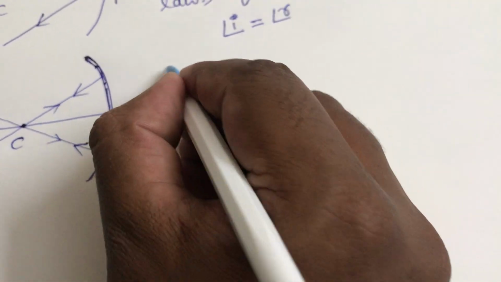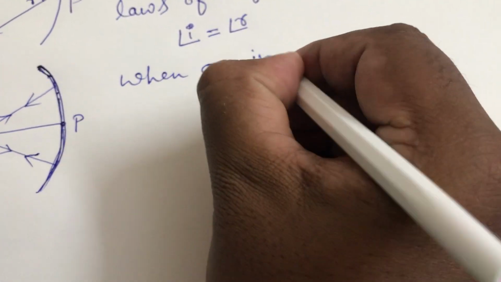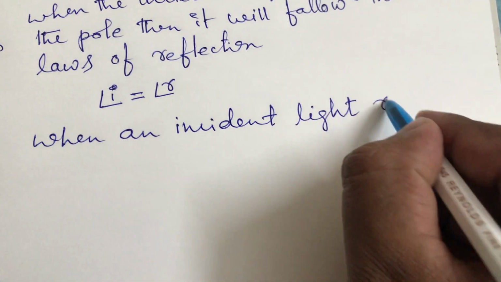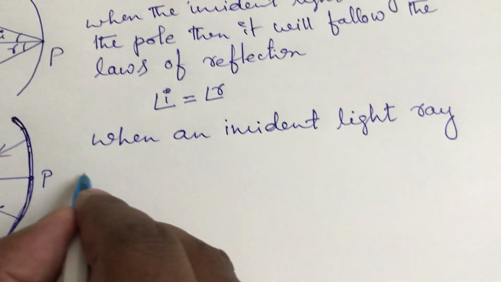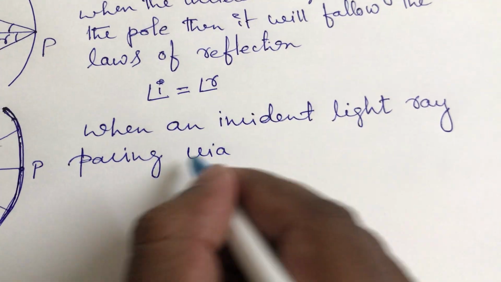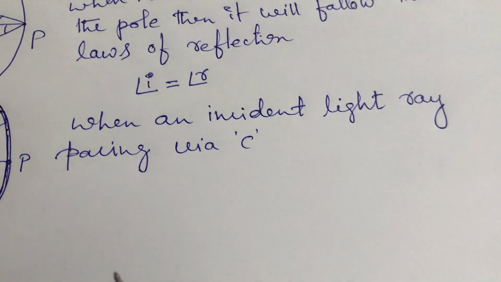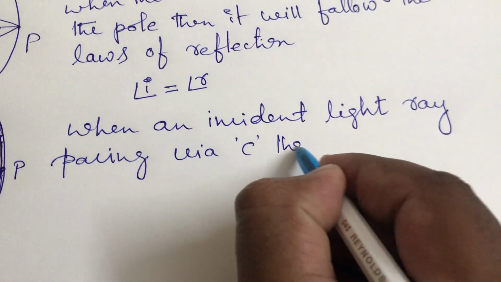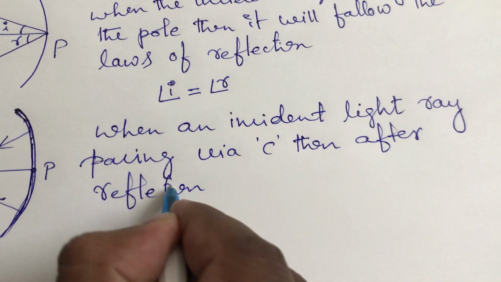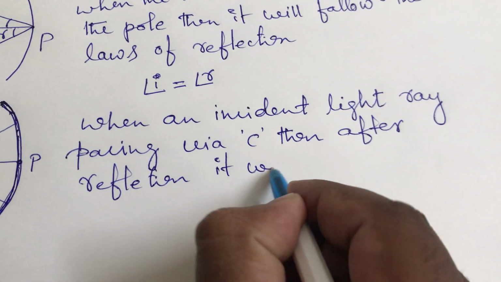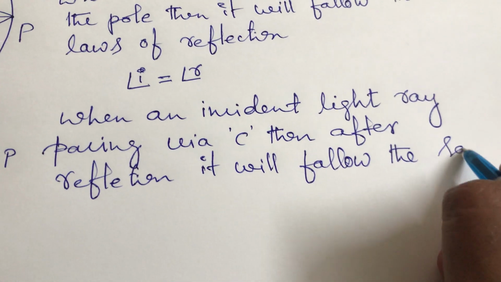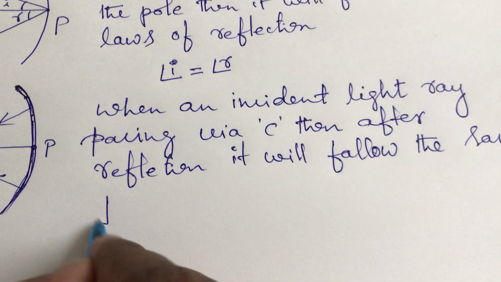When an incident light ray passing via C, the center of curvature, then after reflection it will follow the same path.